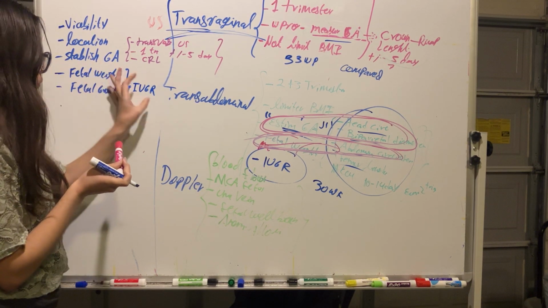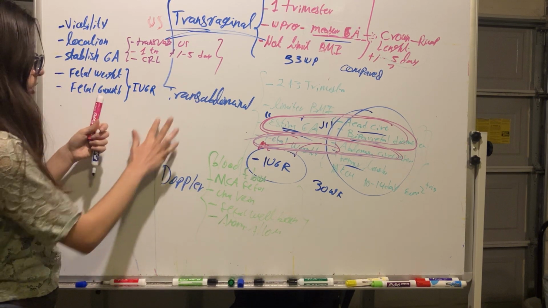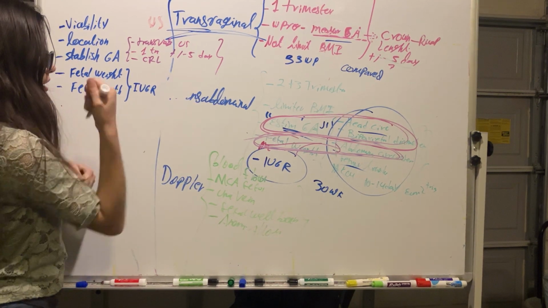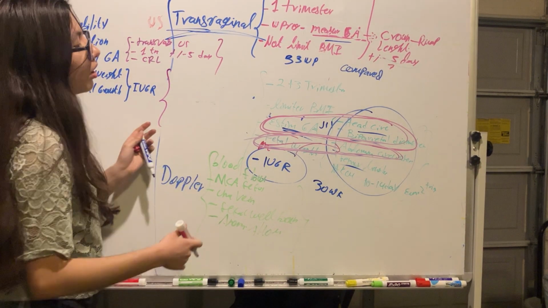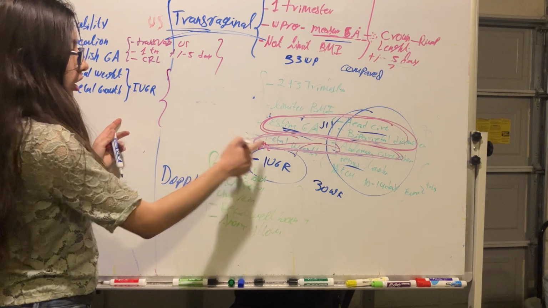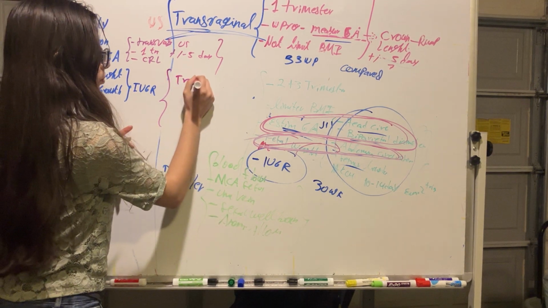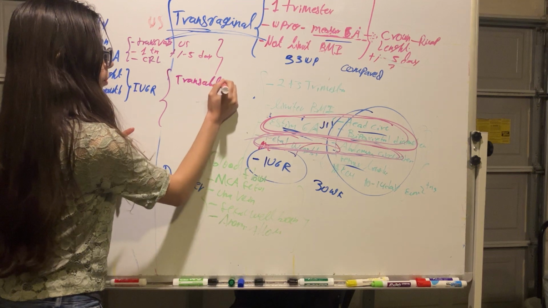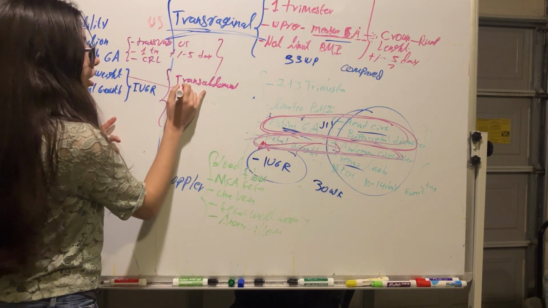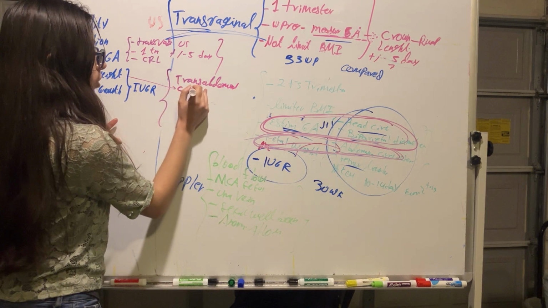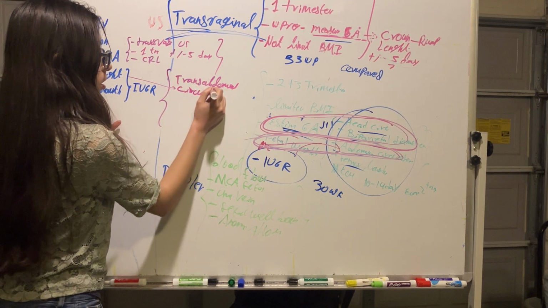So how do we measure fetal weight and fetal growth? This is most of the time during the second and third trimester with transabdominal ultrasound. Fetal weight is done with abdominal circumference.